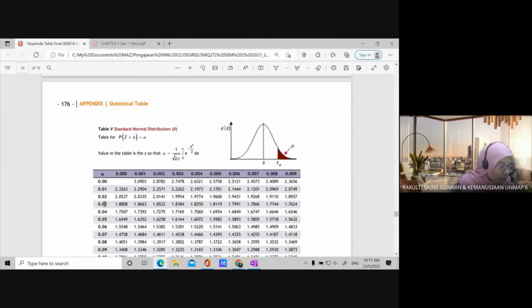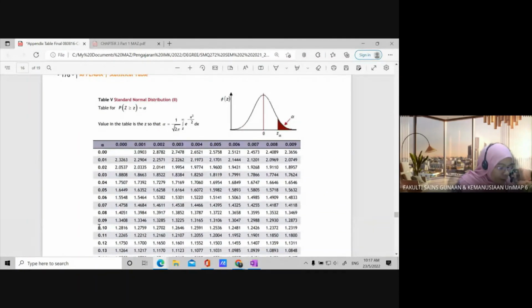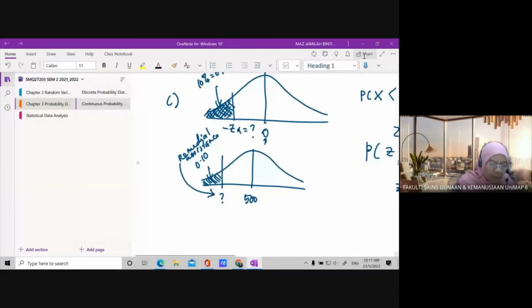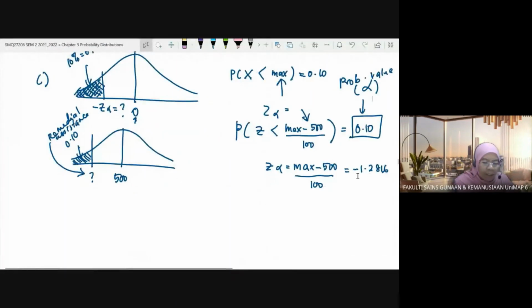Look for alpha 0.10. 0.10 is here. So this is all the values for Z alpha, and your Z is 1.2816 for this part. But the alpha value is reflecting the negative value here, so the Z alpha also becomes negative. So that's why we have negative 1.2816.